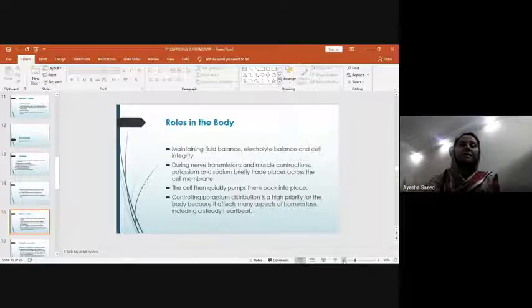This means that sodium comes into the cell and potassium moves out, and afterwards the cell quickly pumps them back into place. Controlling potassium distribution is a high priority for the body because it affects many aspects of homeostasis, including a steady heartbeat. If there's a deficiency of potassium in the body, nerve transmissions and muscle contractions will not be effectively maintained, and that is why the heart can stop.